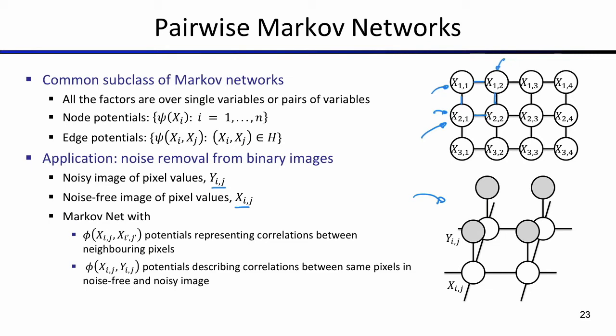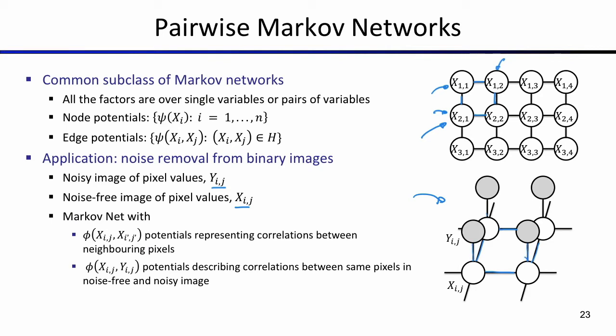On the back here we have the noise-free image with the X nodes, and they are connected together with these pairwise potentials. It means that we expect neighboring pixels to have more or less similar colors. But we also need to connect those nodes with the same pixel in the noisy image, and we have another pairwise potential to connect this.